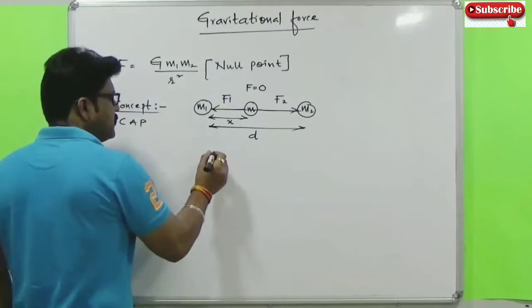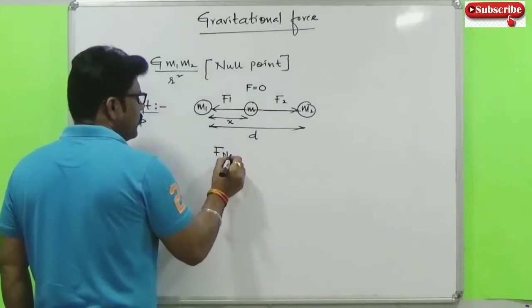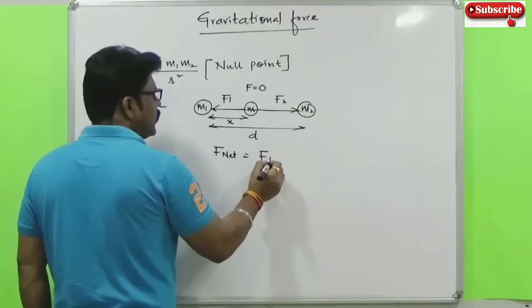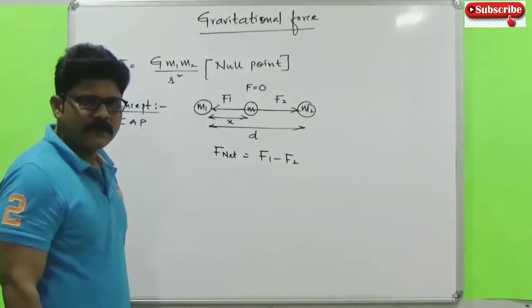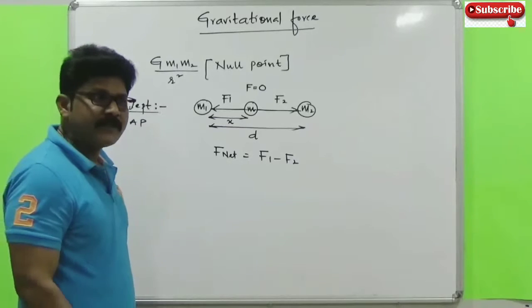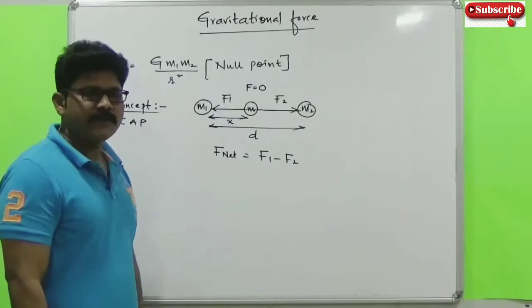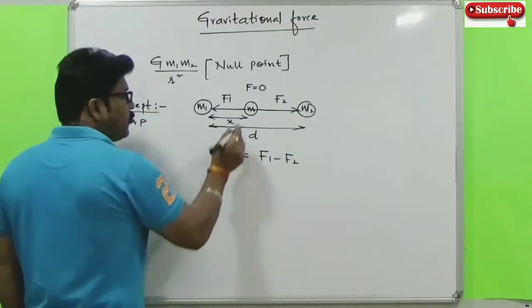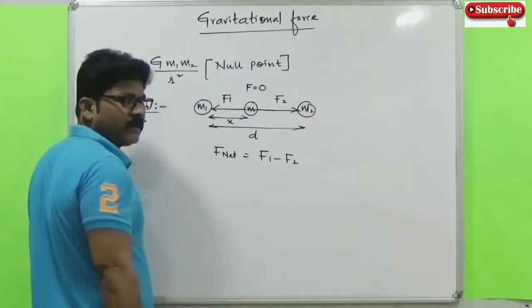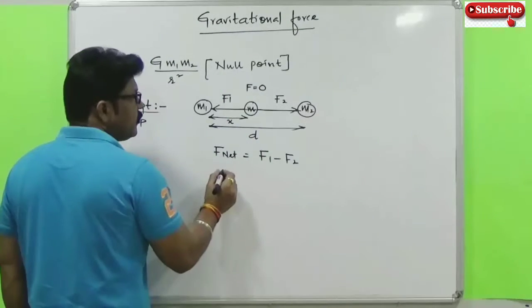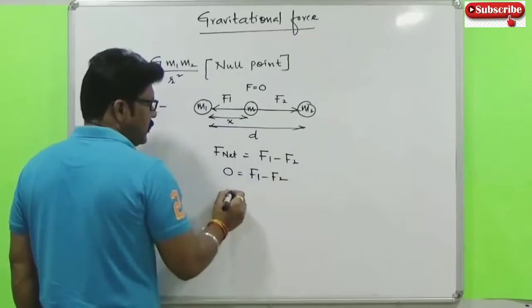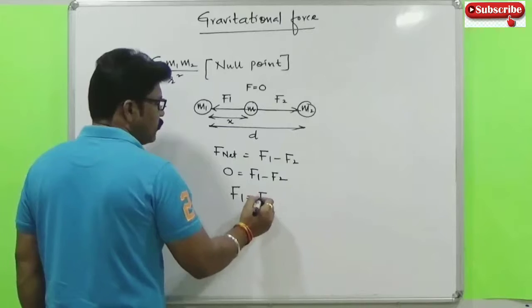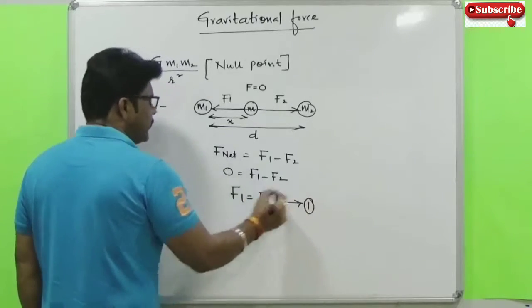So the net force is F1 minus F2 or F2 minus F1, and we don't know which is greater. Now the condition is that the net force at this point should be 0. So 0 equals F1 minus F2, or F1 equals F2. This will be equation number 1.